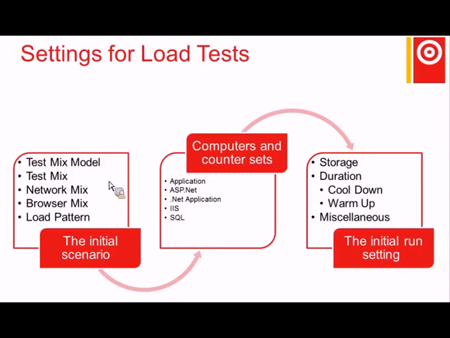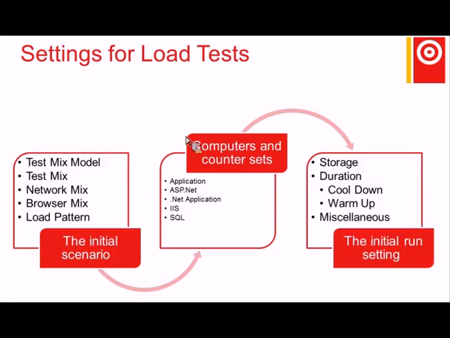Moving on, we've also got computers and counter sets. What computers and counter sets enable us to do, if you recall earlier on, I believe both Peter and Adrian mentioned these things to do with test settings called roles.